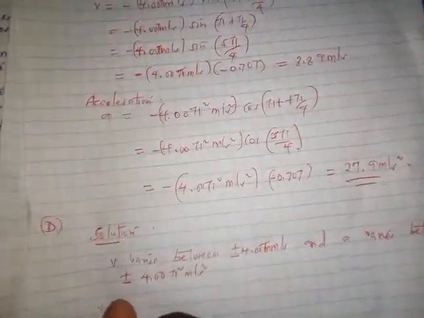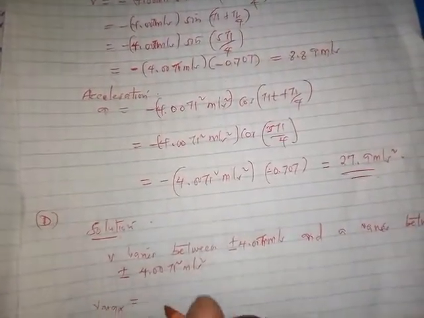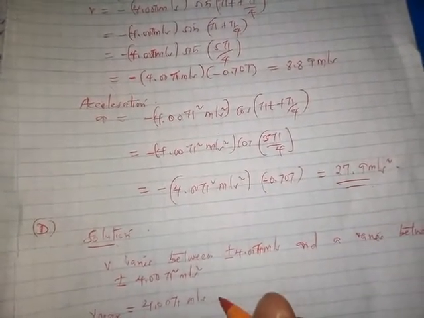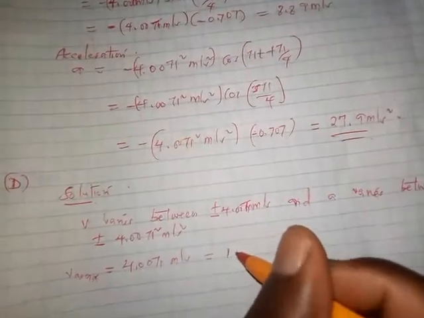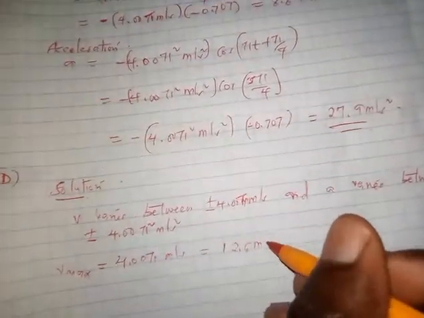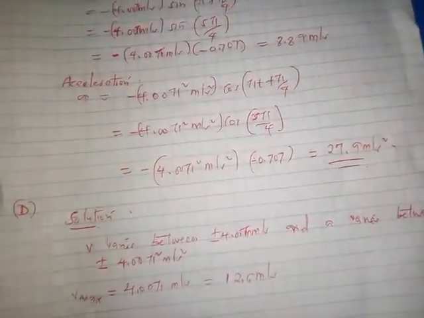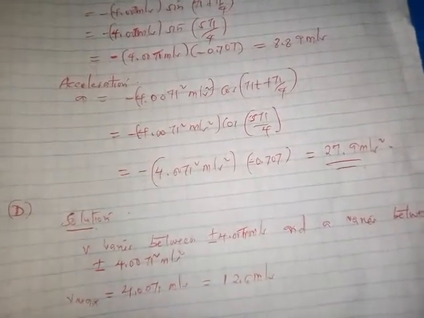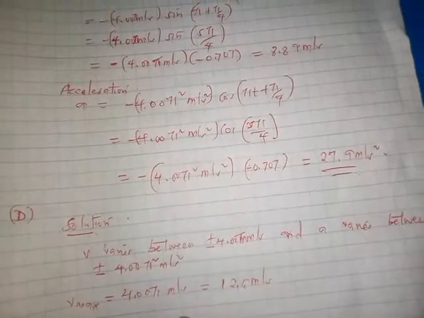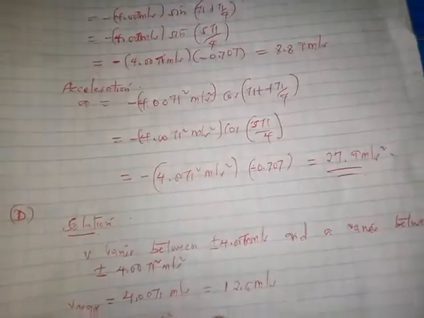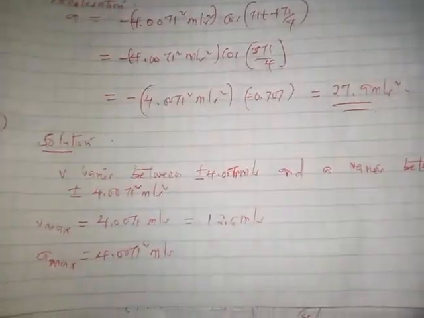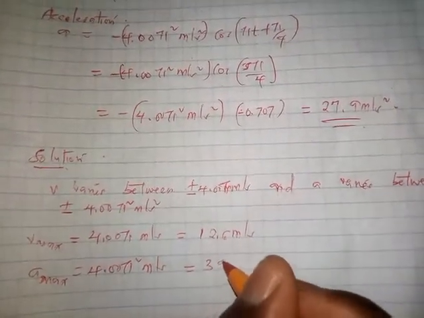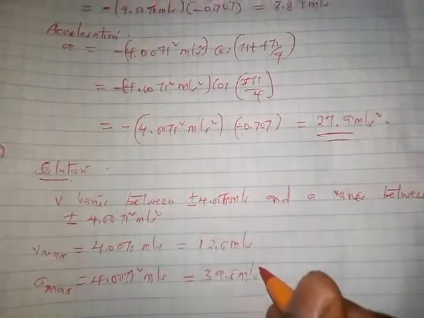Thus v maximum will be equal to 4.00 pi meters per second, which gives us 12.6 meters per second, and maximum acceleration a max will be equal to 4.00 pi squared meters per second squared, which gives us 39.5 meters per second squared.